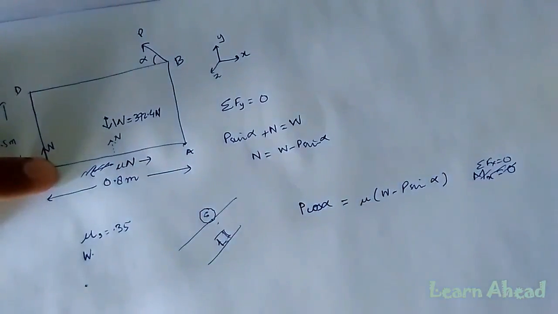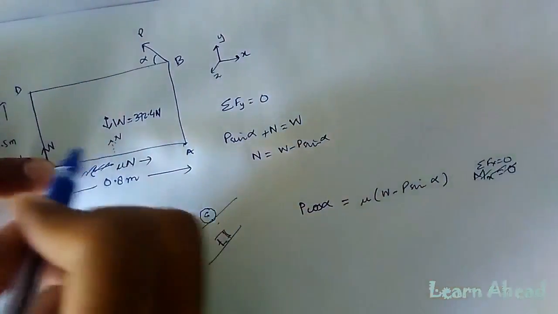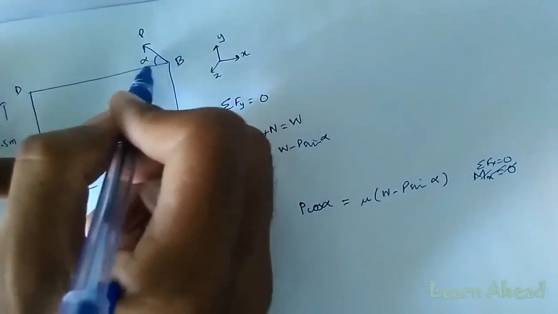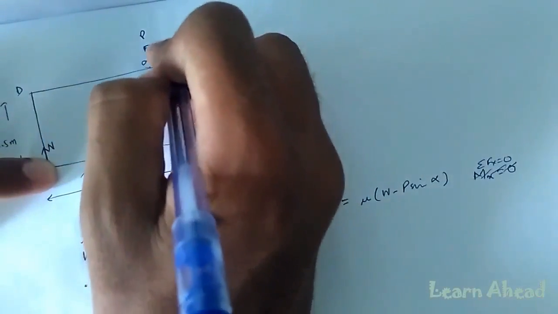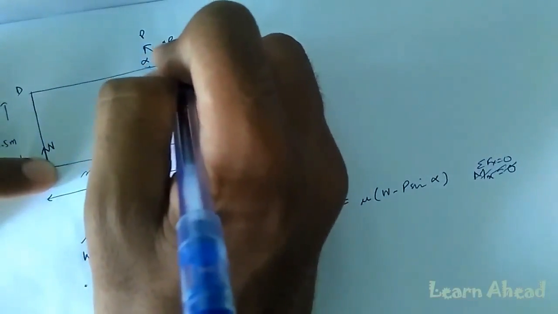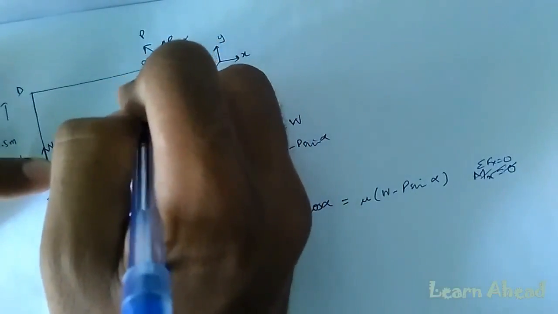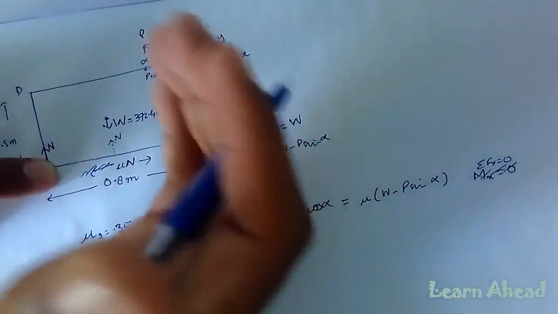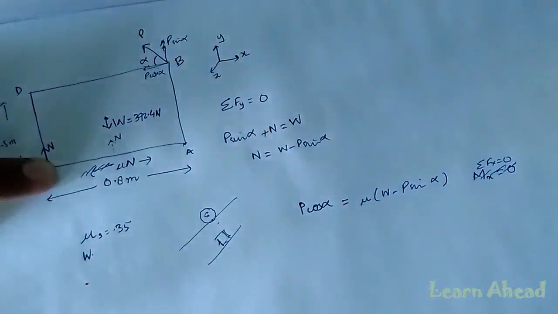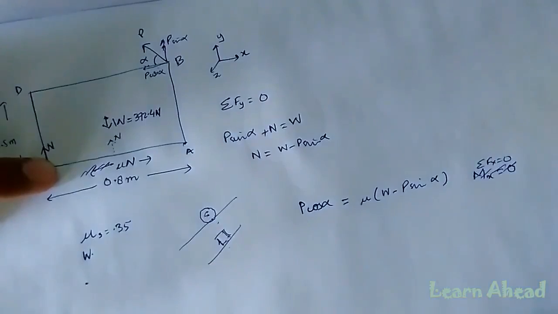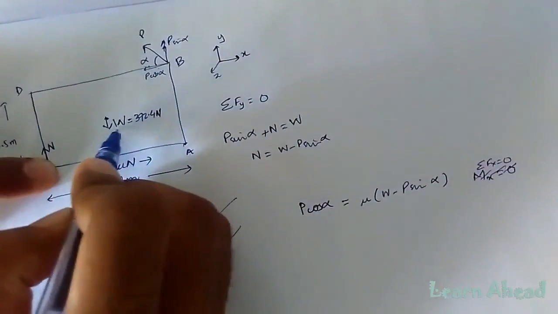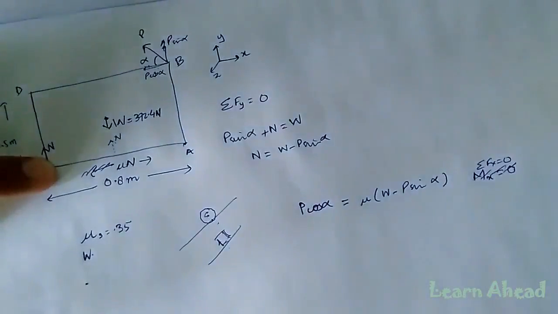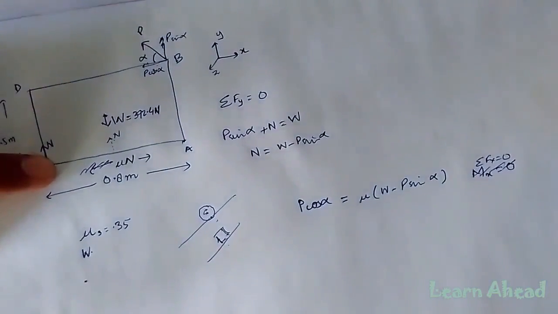So I can simply say that the moment by this force P, P cos alpha and P sin alpha, this is P sin alpha, and this P cos alpha. Now these both tend to rotate it in the anti-clockwise direction. This W will try to rotate it in the clockwise direction, so the efforts must be equal so that it doesn't topple.